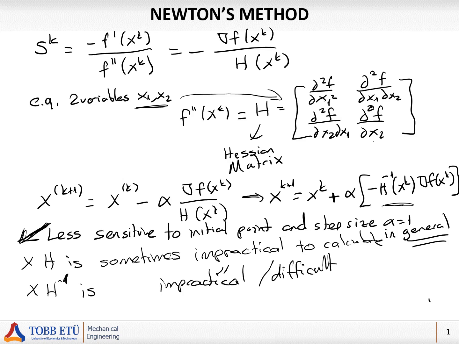But again, it is very efficient. As long as you calculate these, it's very quick and efficient to go to the optimum point. It is not dependent on the step size and initial point, unlike the gradient descent method.